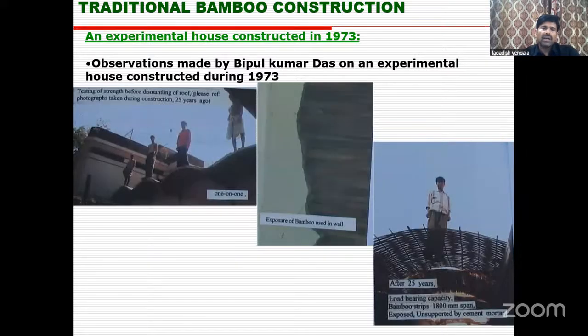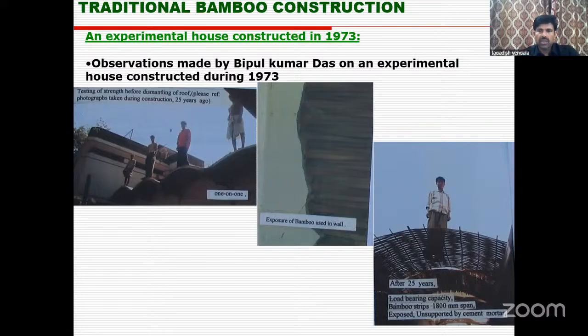After using it for 25 years, he wanted to demolish it. Before demolition, he wanted to check how the bamboo strips were inside. So he chipped out the plaster, and you can see that after 25 years, on a 1.8 meter span, a person is able to stand on this skeleton of the bamboo strip arch.